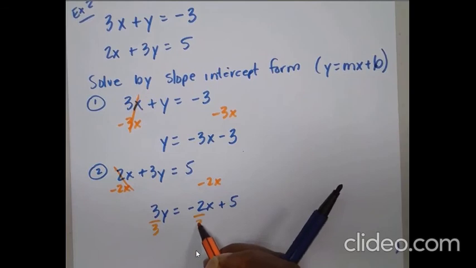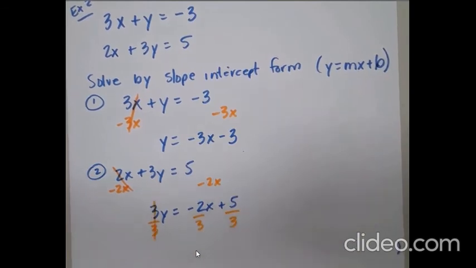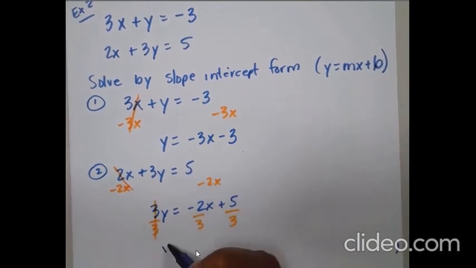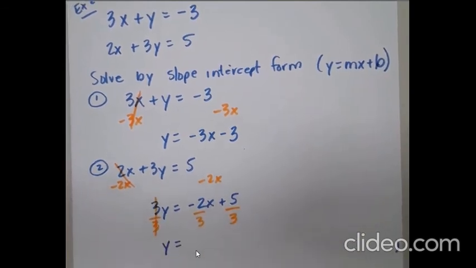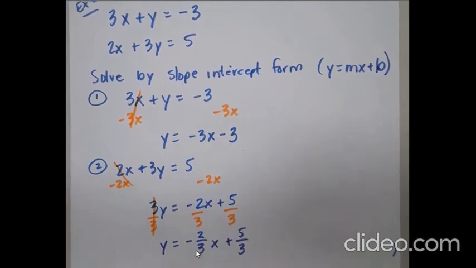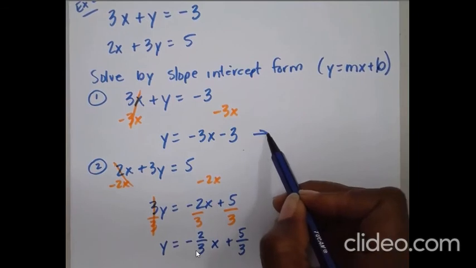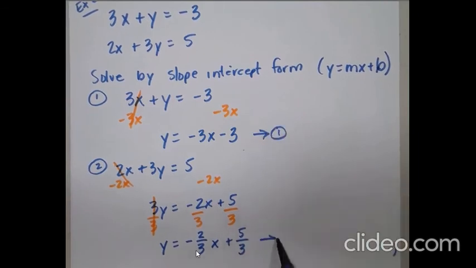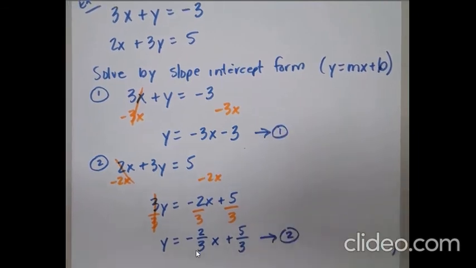Now we have to divide everything by 3 in order to reduce this coefficient. To simplify this coefficient, we have y equals -2/3 x plus 5 over 3. So now we have here equation number 1, and here we have equation number 2 that we can now use to graph our points.